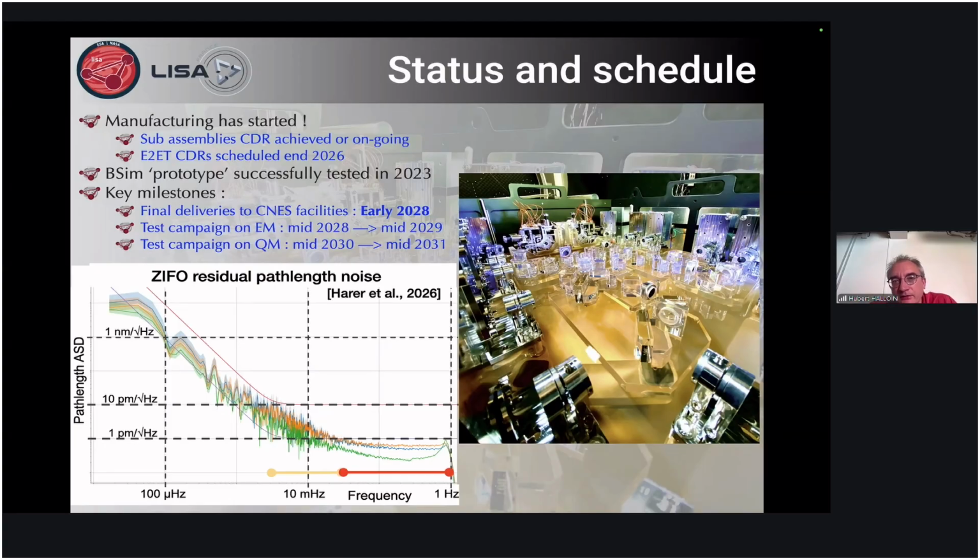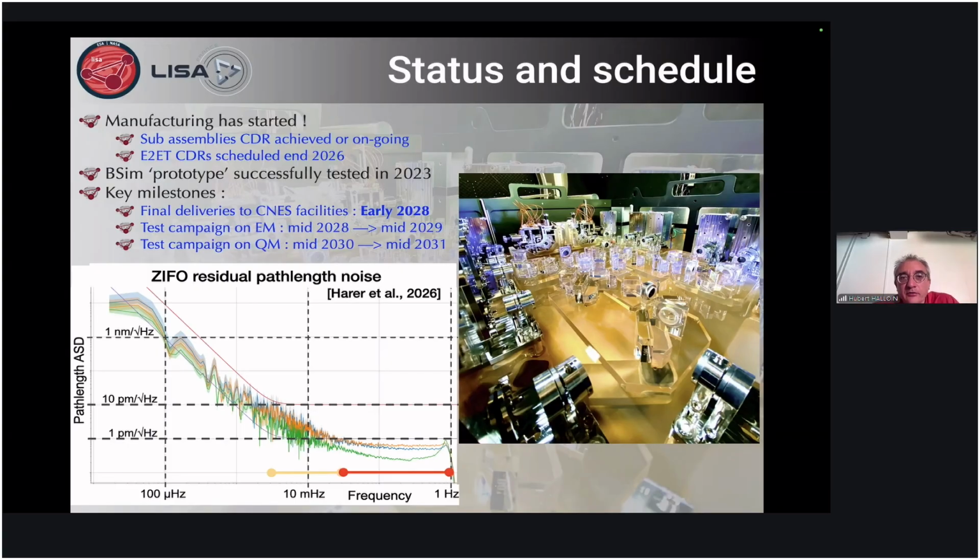And this prototype was very successful since we achieved on ground, with representative test equipment, a stability of about 1 picometer per root hertz above 30 millihertz, and better than 10 picometers around 3 millihertz. So it demonstrates that we have the right technology to develop and manufacture the optical test benches on ground.